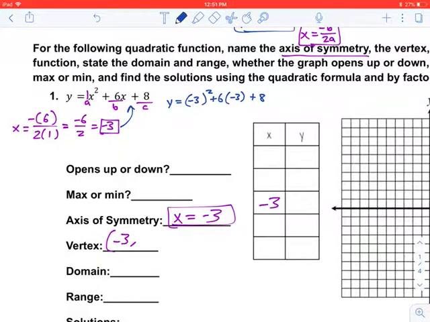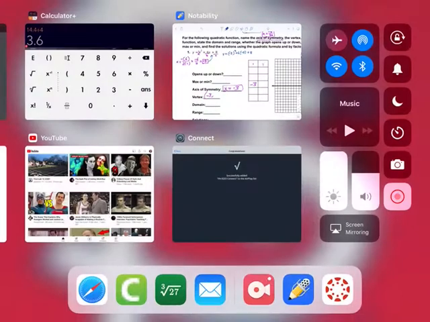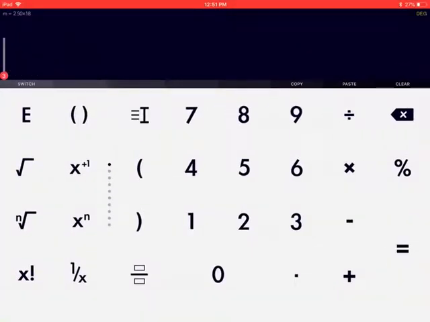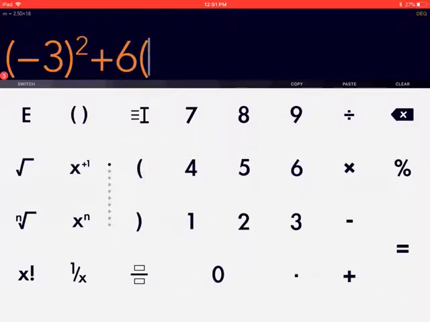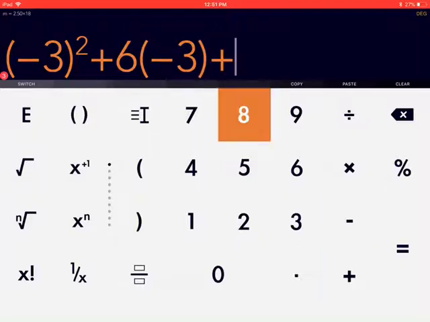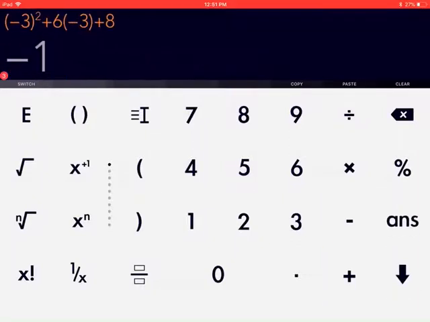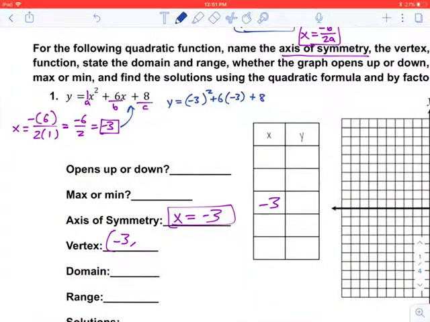So in my calculator, I'm going parentheses negative 3 squared plus 6 parentheses negative 3 plus 8. And I get negative 1. And so that's negative 1 for my vertex.